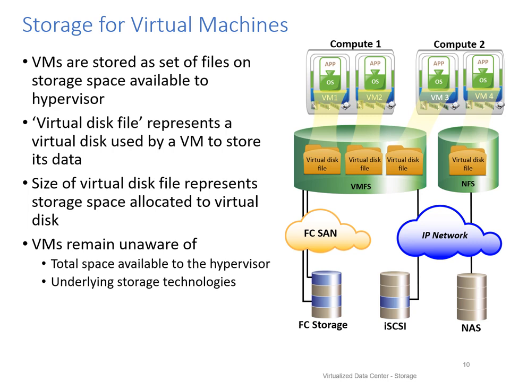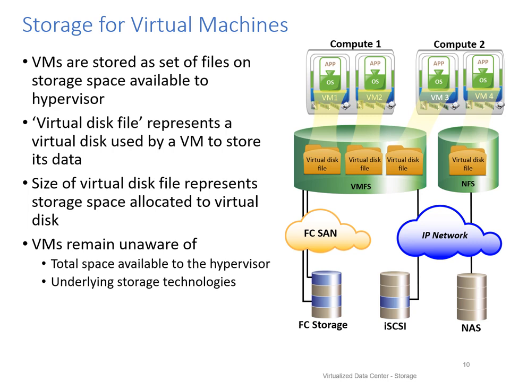Virtual machine is stored as a set of files on the storage devices assigned to the hypervisor. One of the files, called virtual disk file, represents a virtual disk which is used by a VM to store its data. The virtual disk appears as a local physical disk drive to the virtual machine.